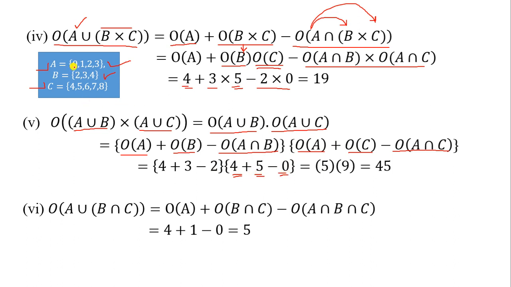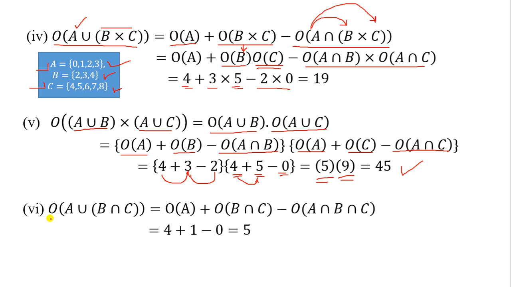A contains 0, 1, 2, 3, while C has 4, 5, 6, 7, and 8 as its elements. So there is no common element. That's why it's 0. 4 plus 3 is 7. 7 minus 2 is 5. So this is 5, and 4 plus 5 is 9. 5 times 9 is 45.